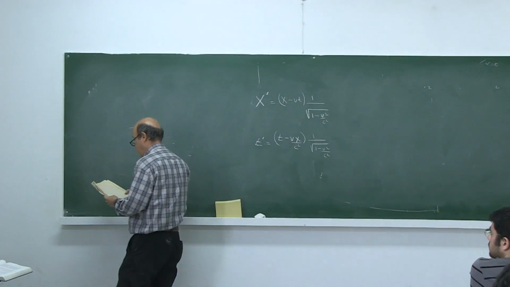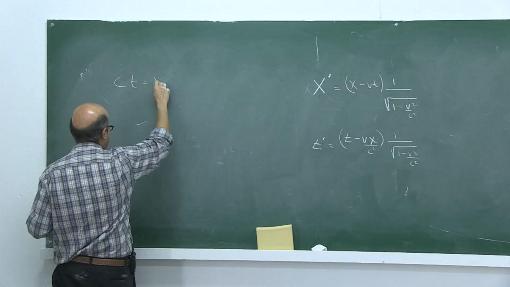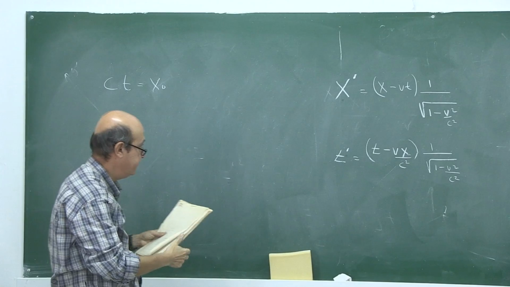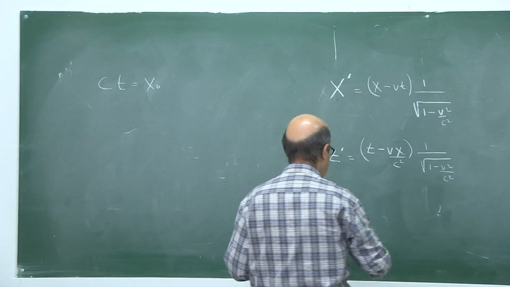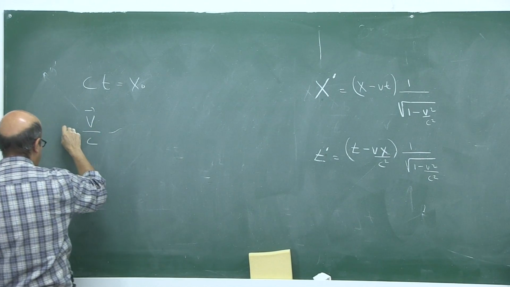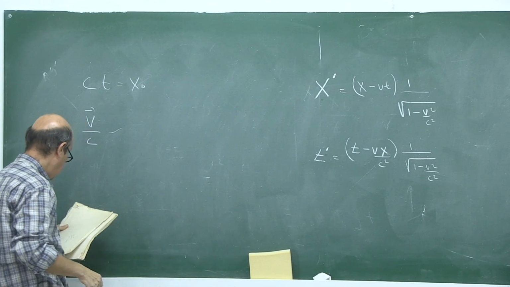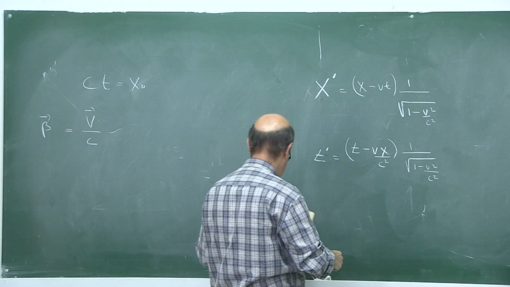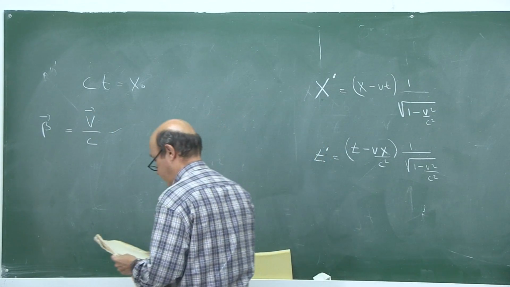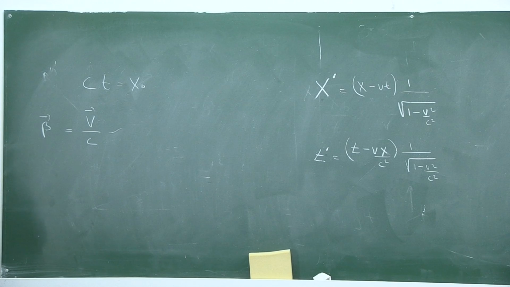In your book notation, c times t is x0, that is the time coordinate, and v over c is called beta, the magnitude of this beta squared.